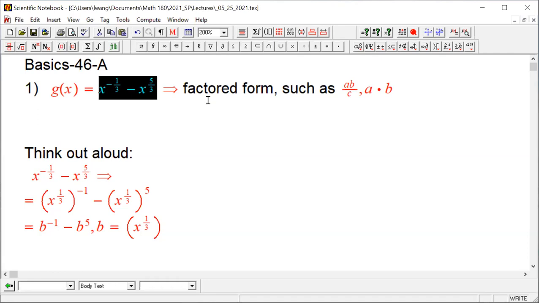Anyway, how would we simplify this form? Well, we need to understand this is just 1 over b minus b to the power of 5.